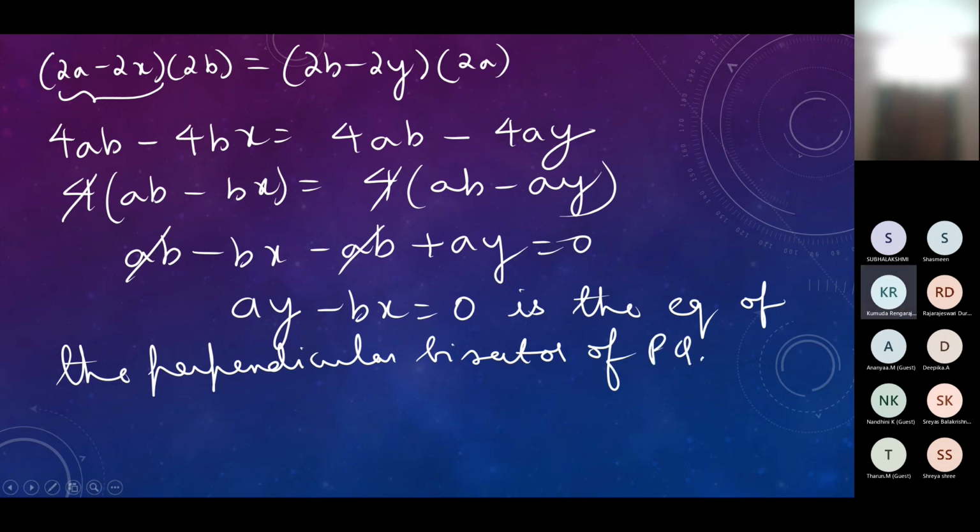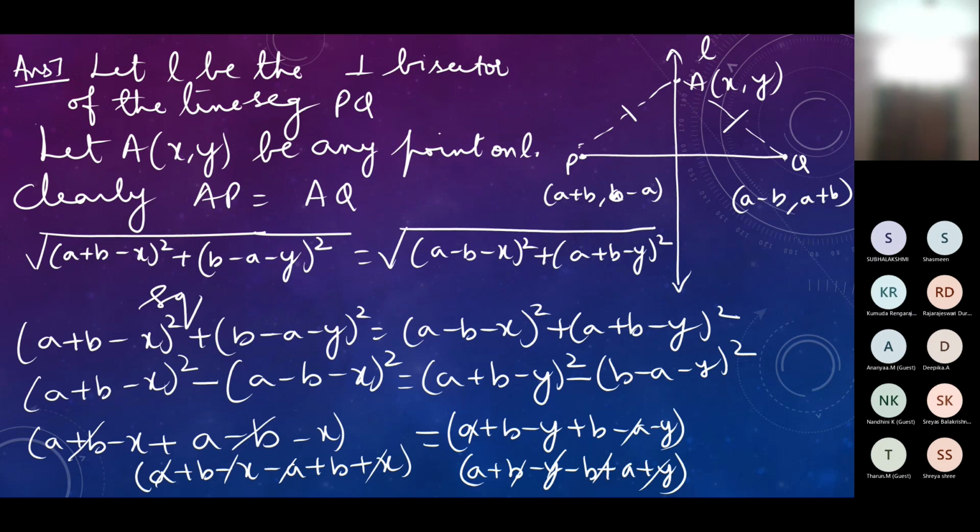That means every point lying on the perpendicular bisector will satisfy this equation AY minus BX is equal to 0. See, children, understand that AY minus BX is equal to 0 is the equation of the perpendicular bisector of PQ.